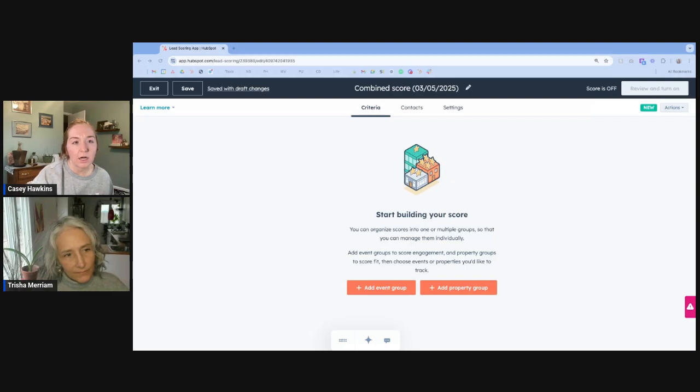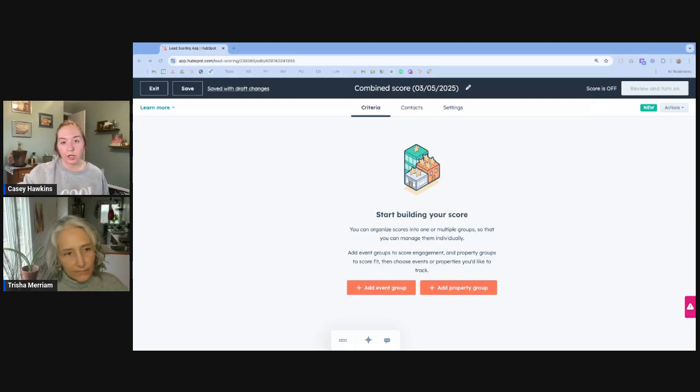So for this, it says combined score, but in this score property here, is this creating the re-engagement score? It could be. It could be the re-engagement score.